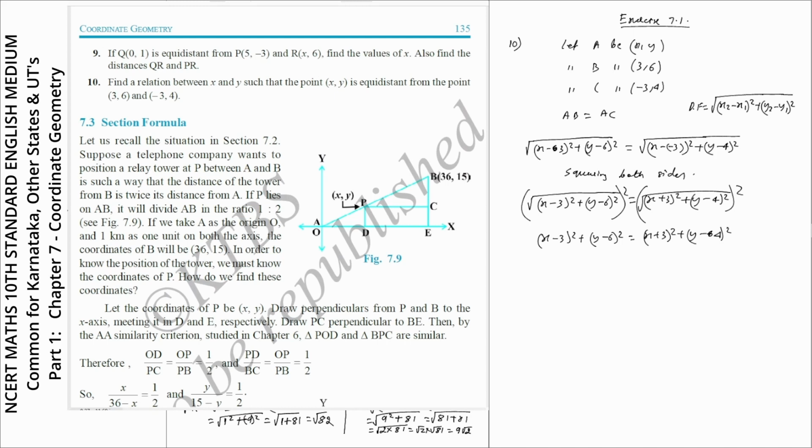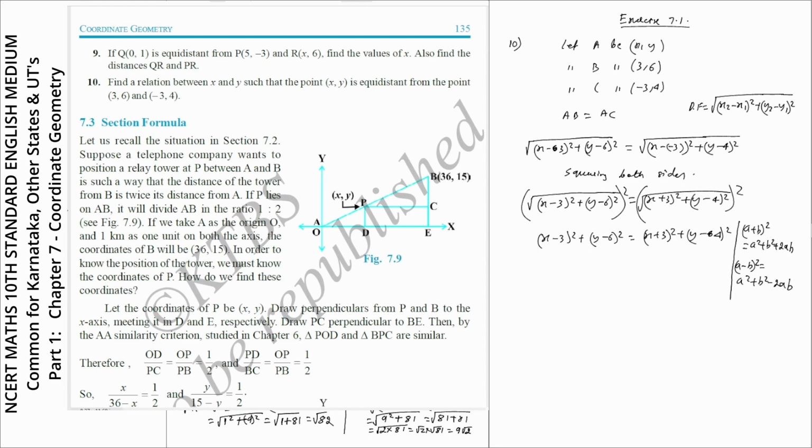Now I'll expand using the formula. (a plus b) the whole square is given by a square plus b square plus 2ab, and (a minus b) the whole square is given by a square plus b square minus 2ab.